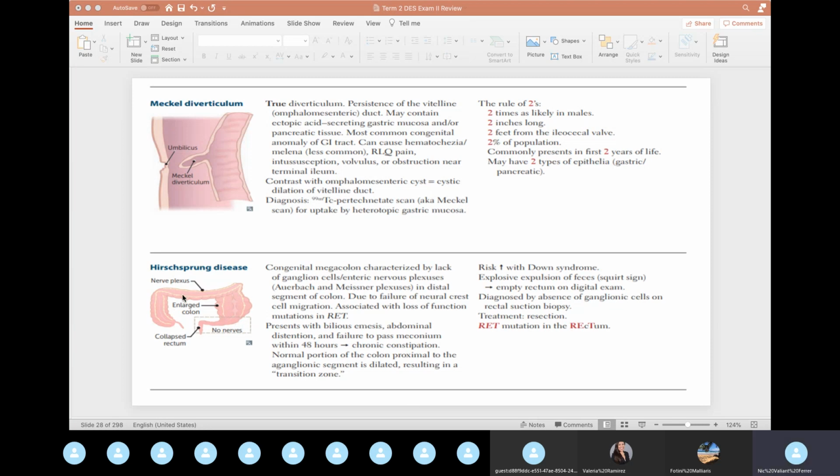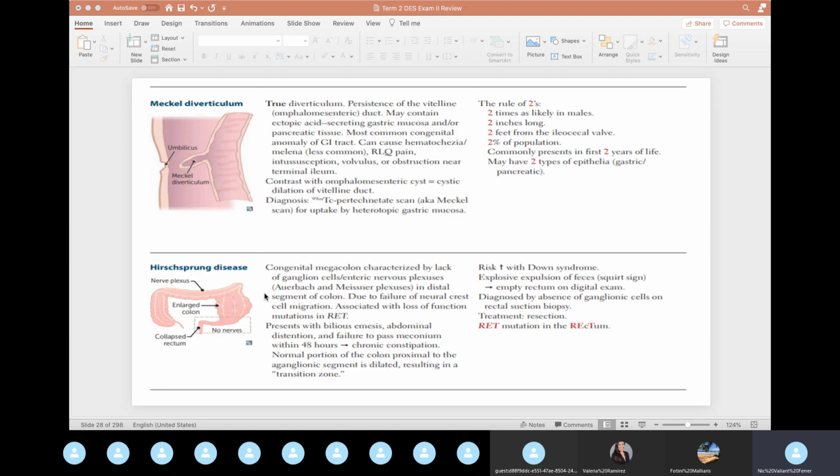So normal portion of the colon proximal to the aganglionic segment. The dilated, enlarged part of the colon is aganglionic. No Auerbach's and Meissner's plexus is there. So increased risk of what? For Hirschsprung disease: Down syndrome. If you have Down syndrome, you can have Hirschsprung disease, and don't forget duodenal atresia. Again, increased risk.